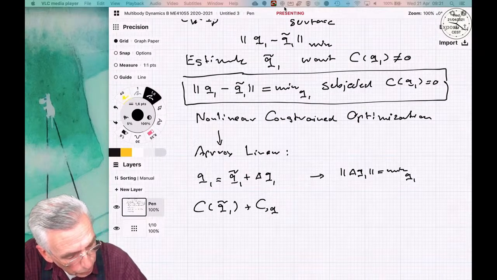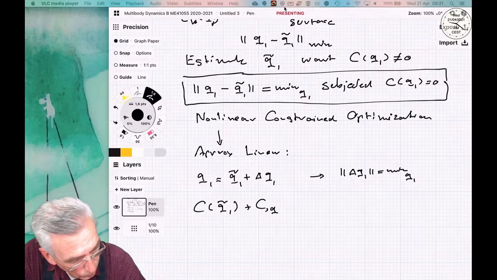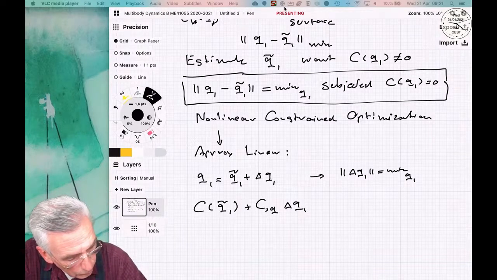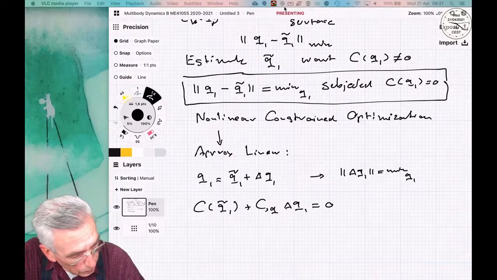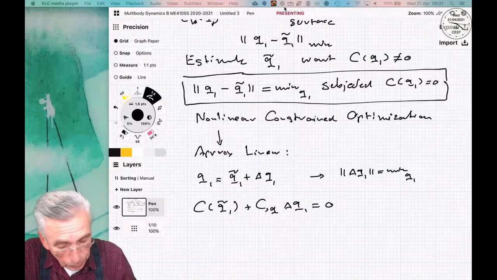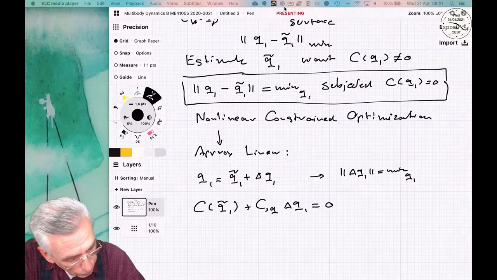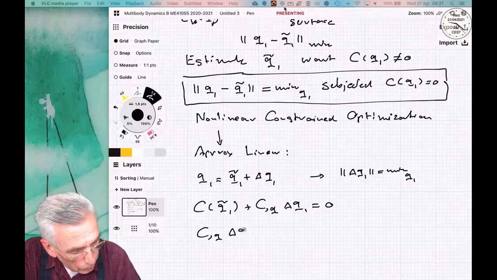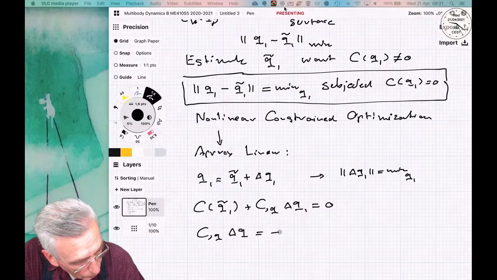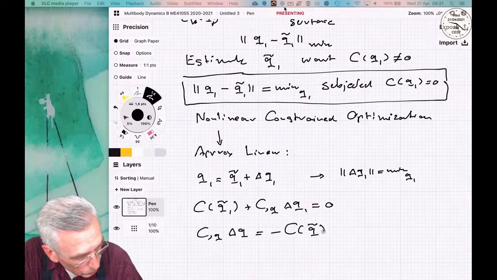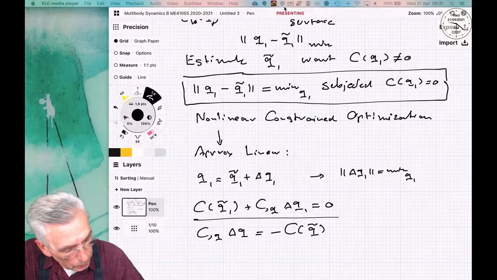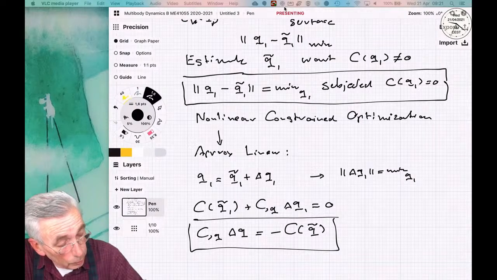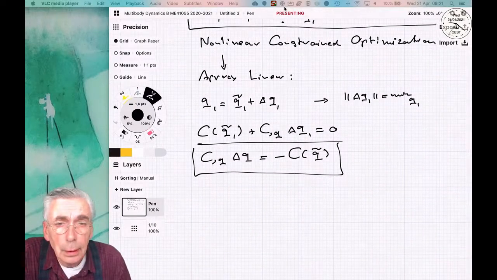So that's the Jacobian of the thing, the tangent thing, times delta Q. Delta Q1 is 0. So that is our constraint, a nice linear constraint, or you could also rewrite it as a matrix. This Jacobian times the delta Q's is minus C of this approximate one. So this is a linear constraint to this problem, and you can solve that problem easily.